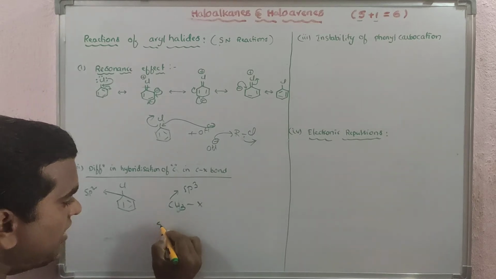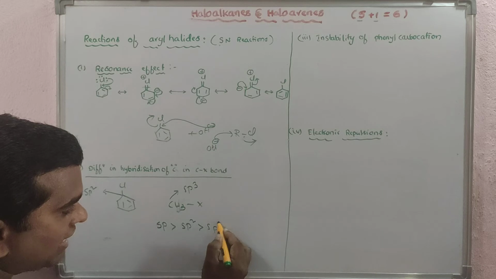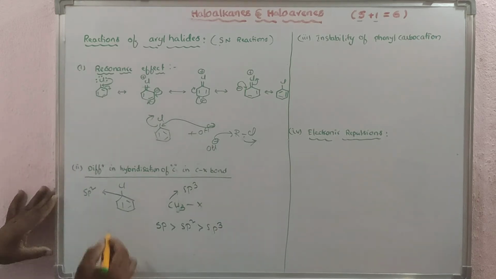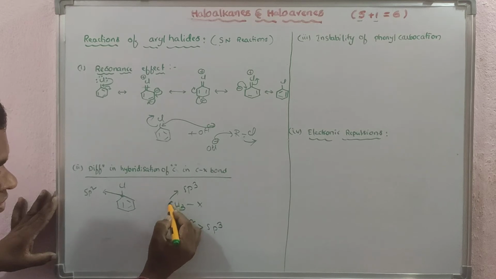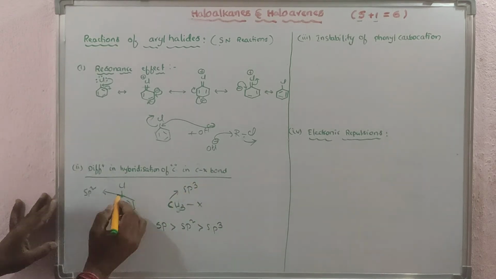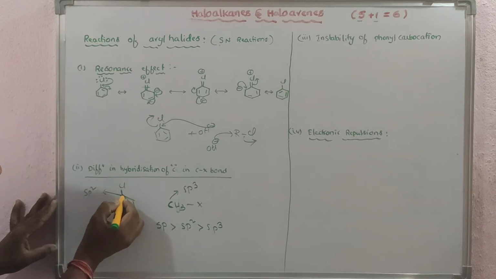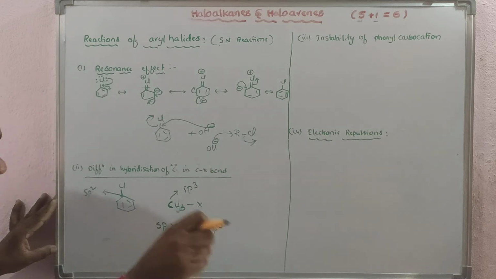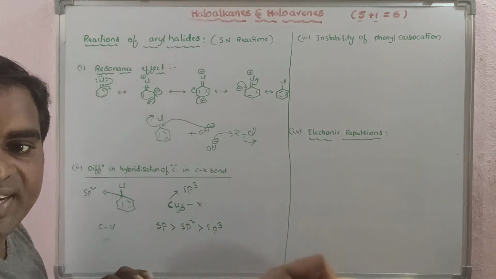So the electronegativity order of the hybridized orbitals is sp, sp2, sp3 in decreasing order. So the sp2 carbon is more electronegative compared to the sp3 carbon, and it holds the C-Cl bond pair electrons very tightly.